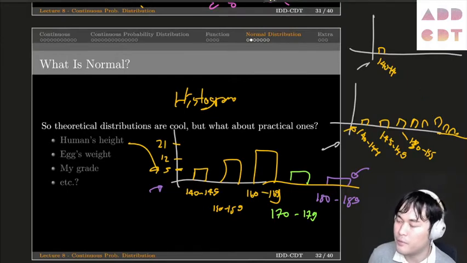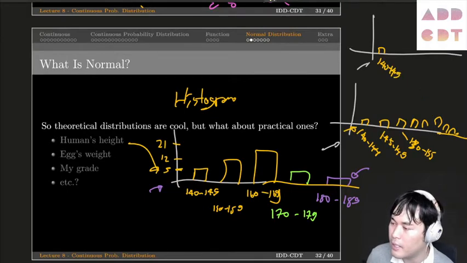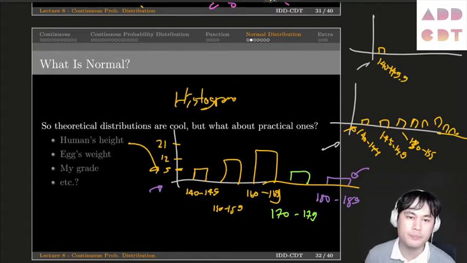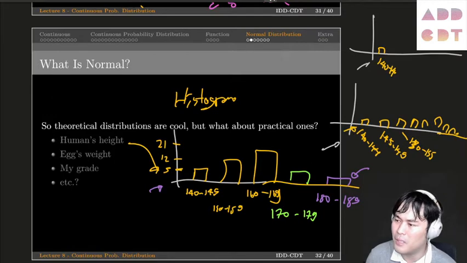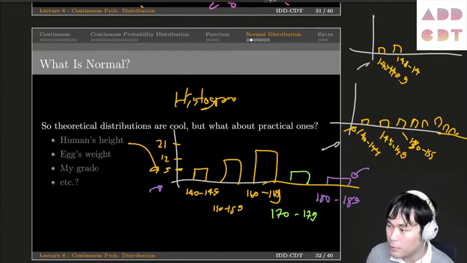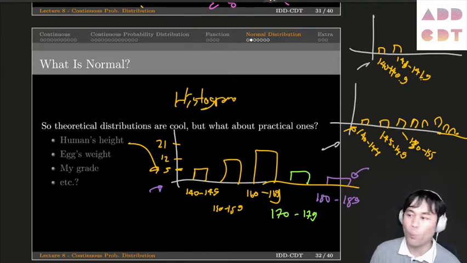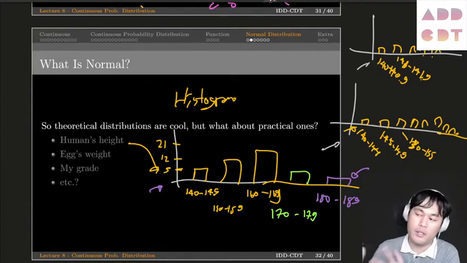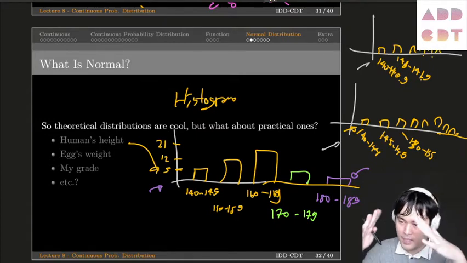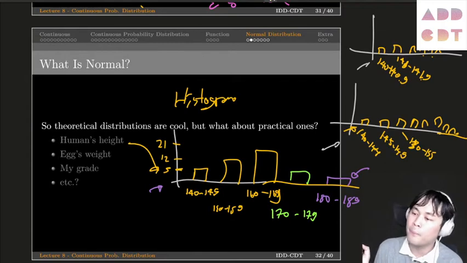So for example, the first one could be 140 to 140.9. Oh, sorry, I think I said 1. It should be 140.9. And the next bar will be 141 to 141.9, and so on and so forth. So we can still make a nice histogram that we can analyze and visualize, right?